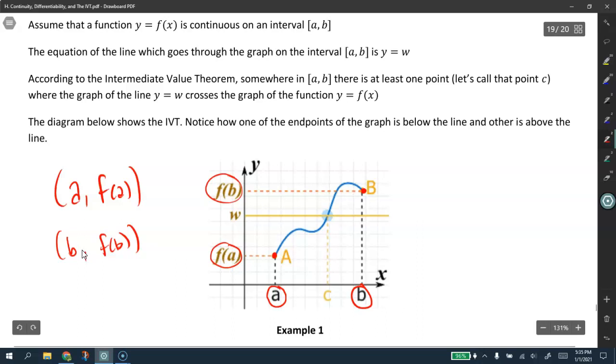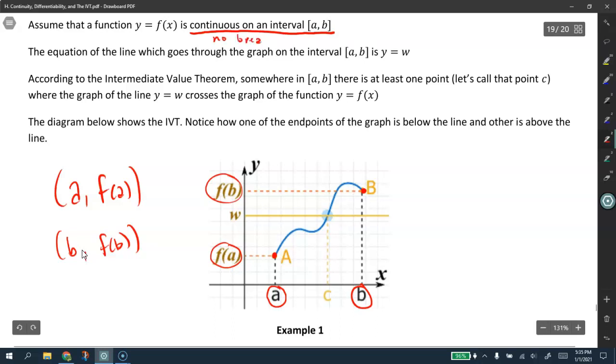Here is what it's saying. It's saying that as long as the graph is continuous on this interval, as long as it's continuous. Now, once again, what does it mean to be continuous? And why are we talking about this now? It's because we learned that continuity means there are no breaks in the graph.